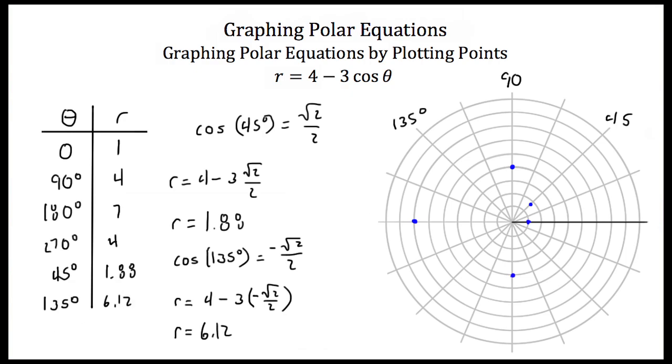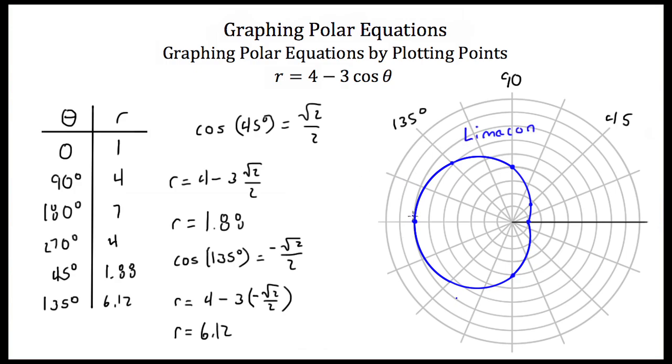I can plot that point. It's about there, and I can kind of see what this is starting to look like. Our shape looks something like this. This is called a limaçon.